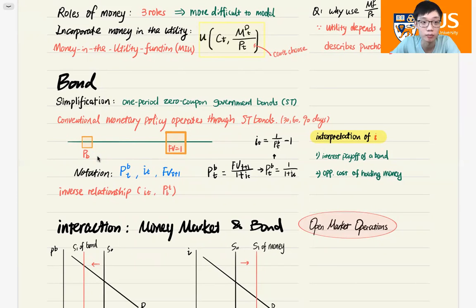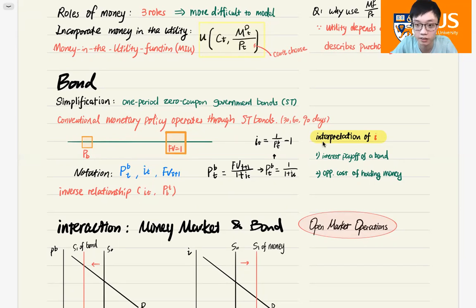You can think of the price because the future value we define to be $1. So the price of a bond now would be, for example, 90 cents or 80 cents, below 1, because you can't expect to pay more. For example, we pay $1.5 for $1 in the future. That contradicts the time value of money.